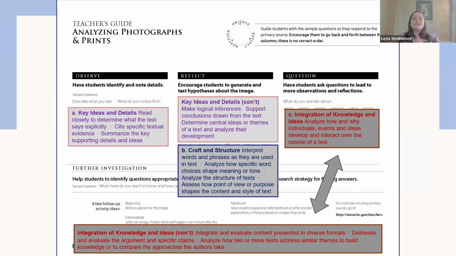And a lot of times, on this page, the further investigation part kind of seems like an afterthought, because you have to see, think, wonder. But further investigation is so important when digging into your sources and really broadening your research.